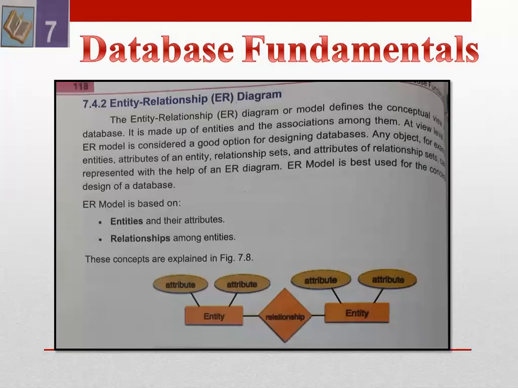We can use different keys. The most common and most important keys are the primary key and the foreign key. With the help of the primary key and the foreign key, you can connect two entities with each other. So this is the entity relationship diagram, and the important things are entities and their attributes, and then relationships, which you create with the help of keys.